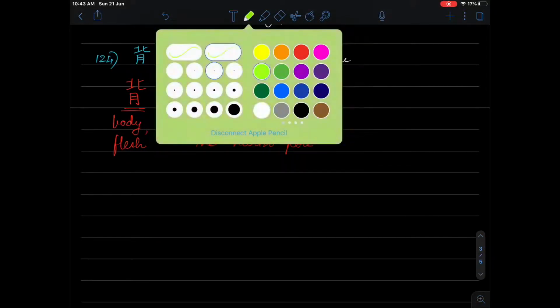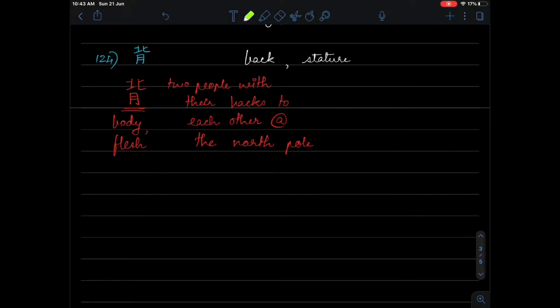All right, now let's have a look at the on and kunyomi. Some similar kunyomis. The first one is se, then you have se, then you have somuku, then you have somukeru, okay?